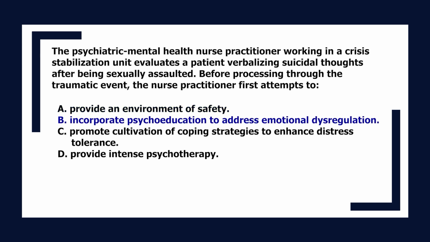B. Incorporate psychoeducation to address emotional dysregulation. C. Promote cultivation of coping strategies to enhance distress tolerance. D. Provide intense psychotherapy. The answer is A. Provide an environment of safety.